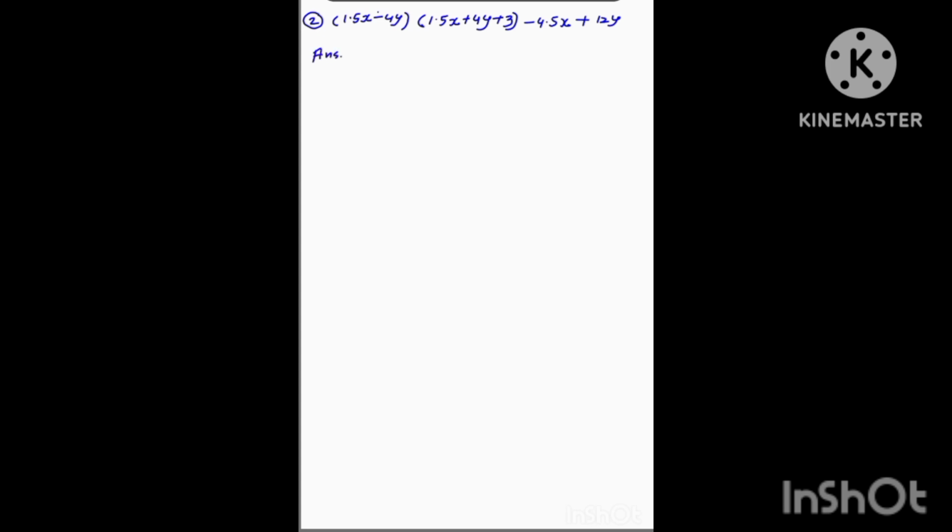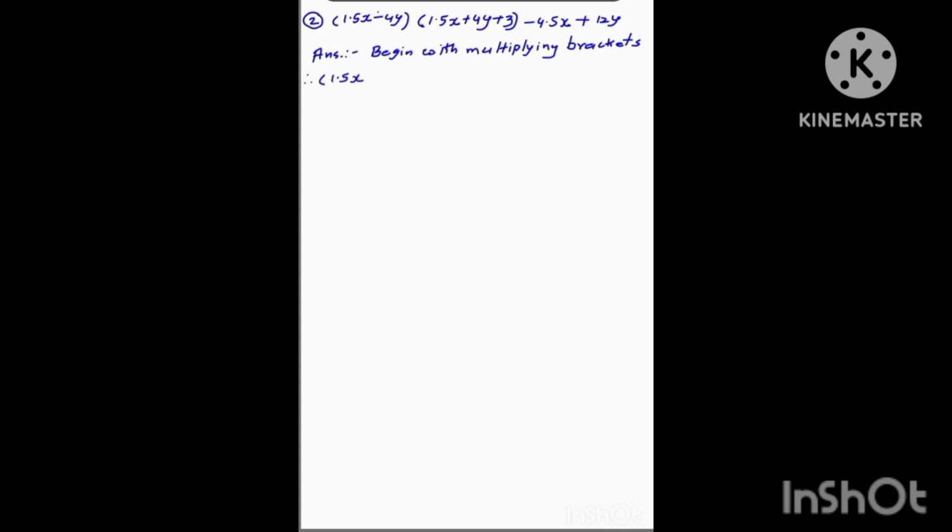Don't get worried about the 1.5 and all these factors, because they are very easy to deal with. Method remains same. Again, we have to begin with the brackets and carry out other terms as they are. This is actually a very simple problem. Okay, we will just see how it is simple.